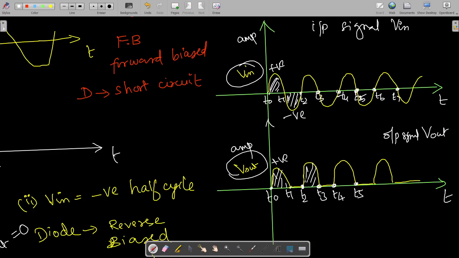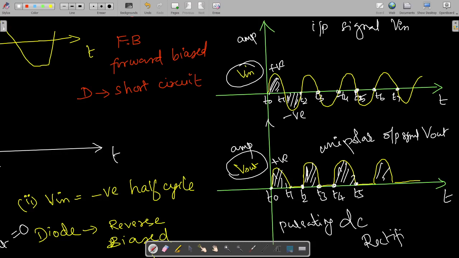There is no negative, so it becomes unipolar. When you have a unipolar signal, it can be called a DC, but not a perfect or pure DC. It is a pulsating DC. Since you got a pulsating DC at the output, this diode acts as the rectifier diode.